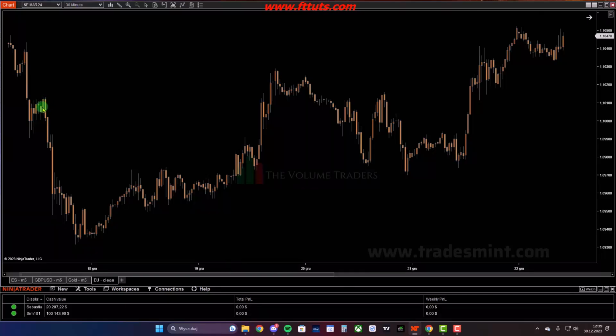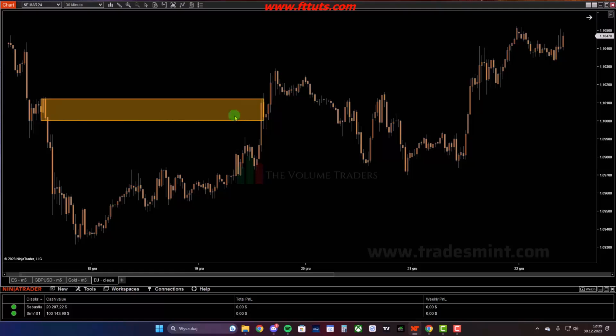So the indecision candle forms when there are equal numbers of buyers and sellers. So we could say no one is in control of the market. Yeah, I will mark this like that zone.